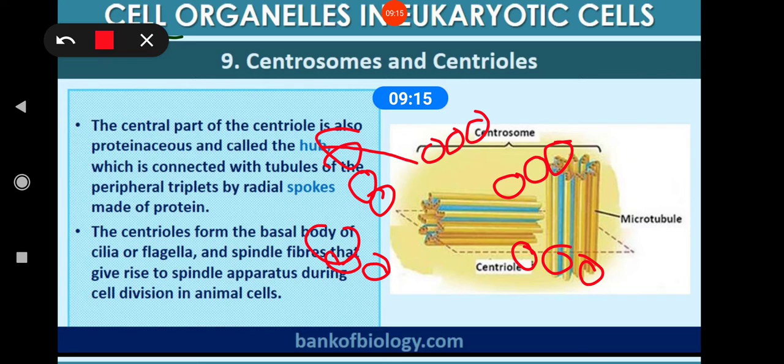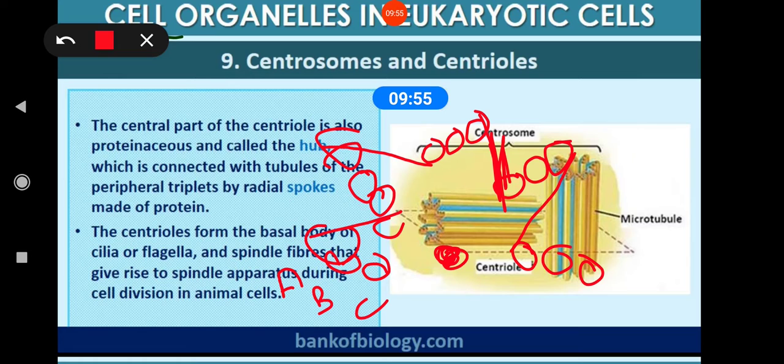Now this is connected to this, this is connected to this, and so on. Suppose this is A, B, C. So A is connected to C. And here you can see inside it has a central space. That is why it is called 9 plus 0. So if fibrils are absent in the center, the arrangement is called 9 plus 0. And the fibrils run parallel to each other, but they make a certain angle with each other.